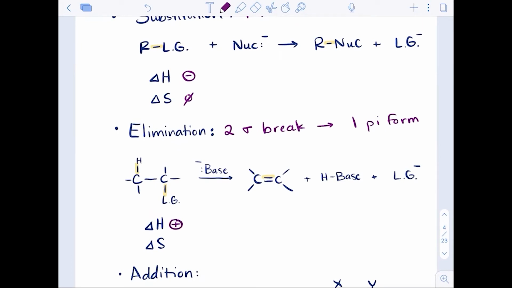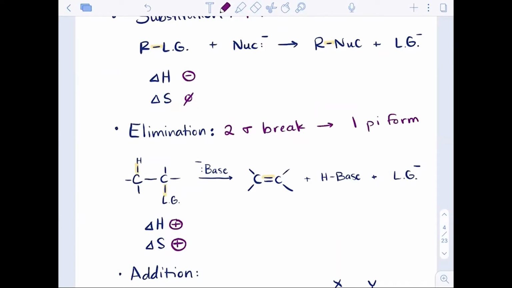And why we see that is because we know that the sigma bond itself is much stronger than the pi. The direct overlap of atomic orbitals is more stable than a pi. However, they're very small endothermic magnitudes there. The delta S is positive, and that's what overall makes these reactions favorable.